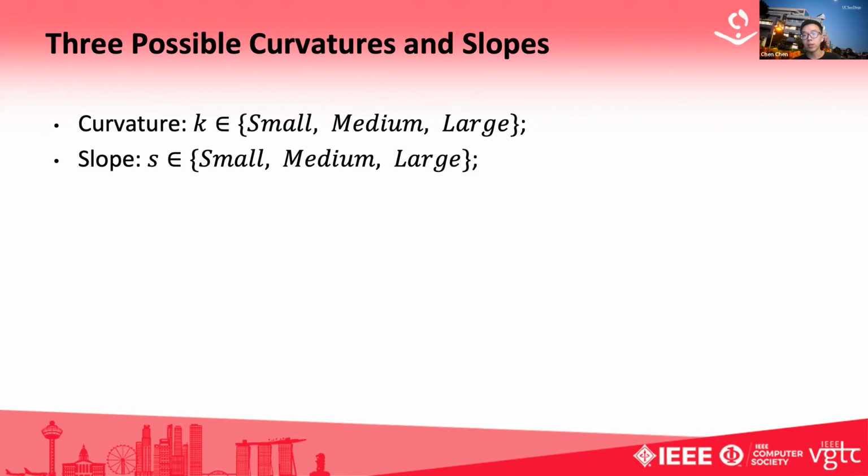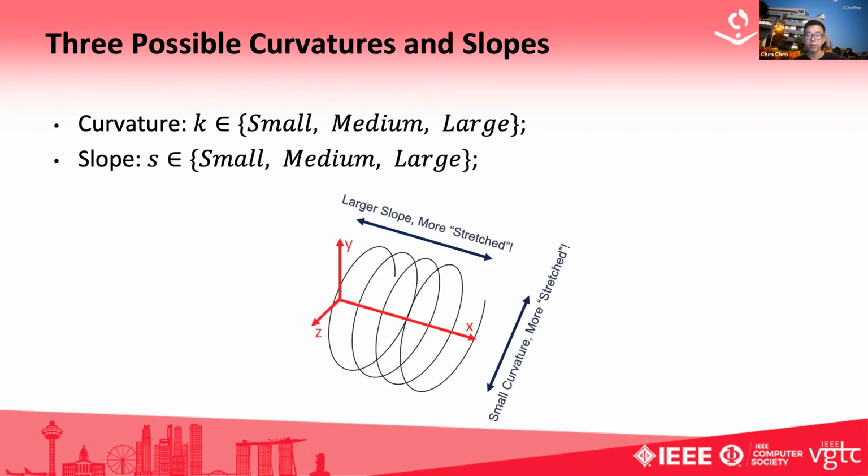We also considered 3 possibilities for curvature and slope, respectively. Theoretically speaking, the larger the slope is, the more stretched the helical curve will be, and the circle of the projection on the XY plane will have a larger radius for the smaller curvature.